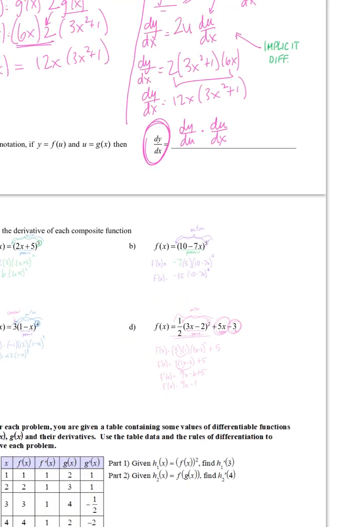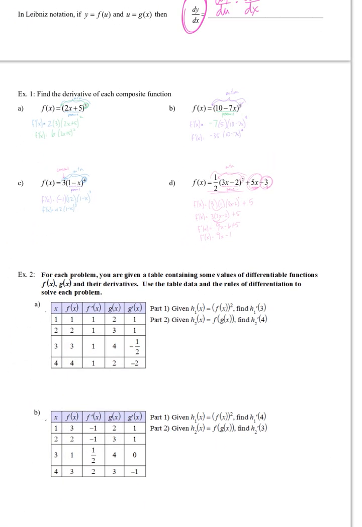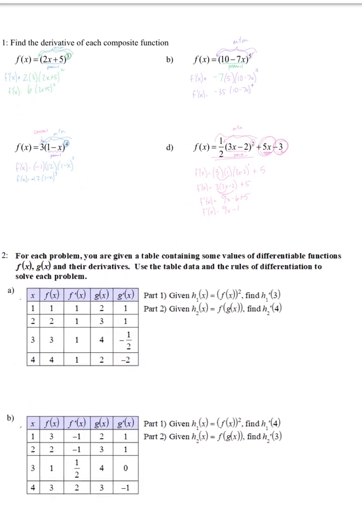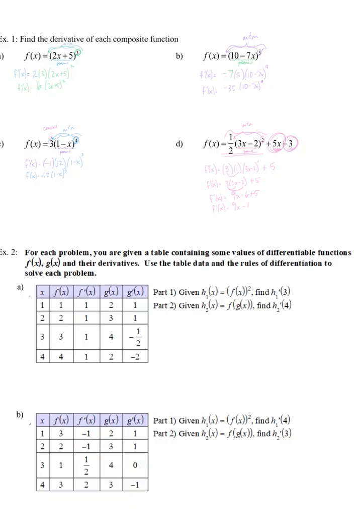All right. Now, down here, and you've seen things like this before, right? Where you have to do things based on the table. In fact, you just saw this on your test last week. So I'm going to use one color for the top half of this. I'll do part 1 in blue. I'll do part 2 in a different color.